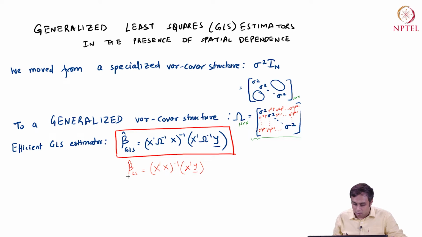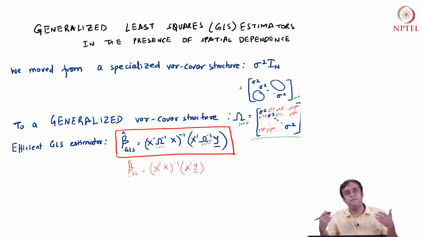Now, what is to be understood here is that when we move from least squares to GLS, in my estimator I am somehow normalizing or weighing by this omega inverse matrix, right? In the case of least squares, I could envision doing the same. I could write sigma squared inverse and sigma squared inverse as a sandwich.